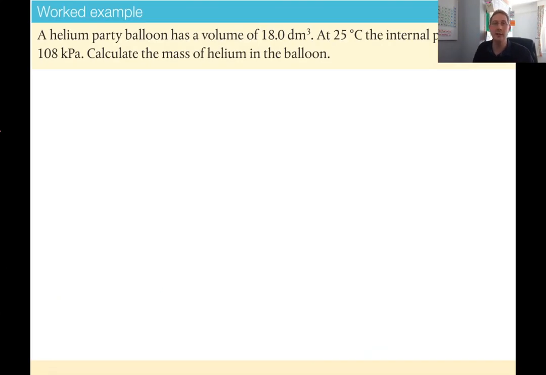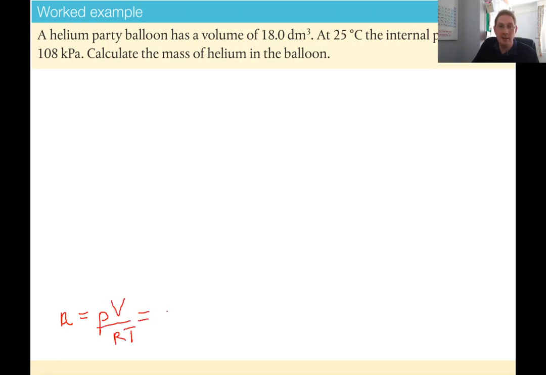So here you go. A helium party balloon has a volume of 18 decimeters cubed. At 25 C, the internal pressure is 108 kilopascals. Calculate the mass of helium in the balloon. Well, we start off with n. PV equals nRT, so n equals PV over RT.